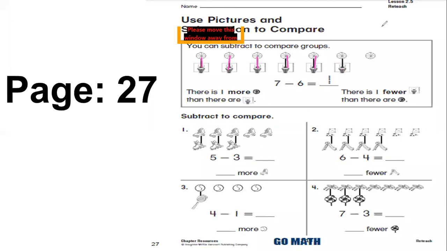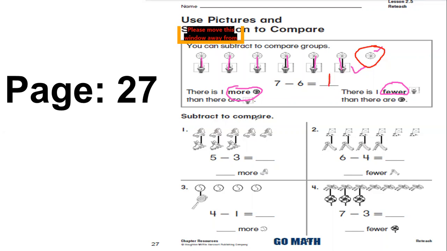So you can say more, as well as you can use the word fewer. Now look, few means less. And this is more. The flower is more. So you can use the word more, or you can use the word fewer or less. So 7 minus 6 equals 1. So here one flower is more, or one pot is fewer. So our answer is 1.